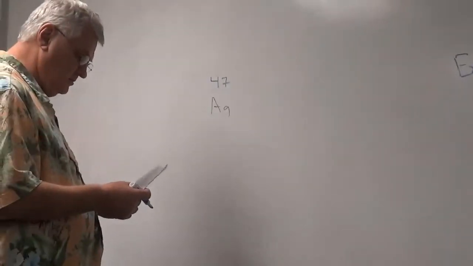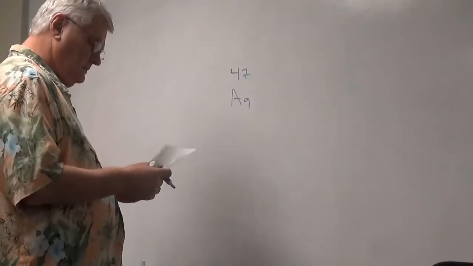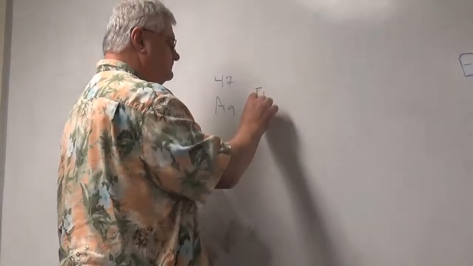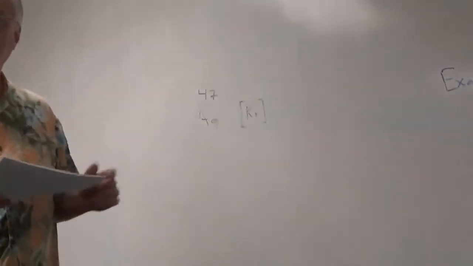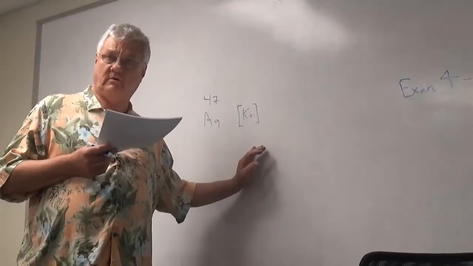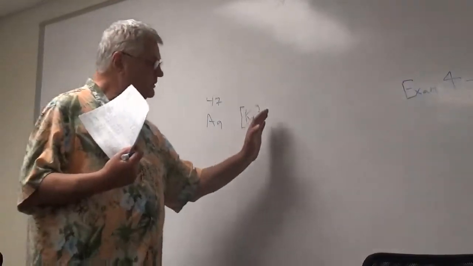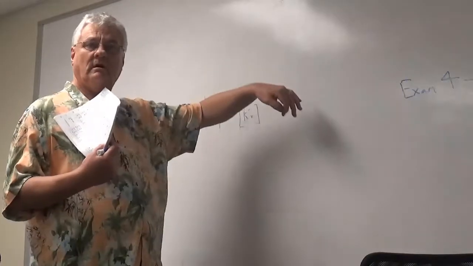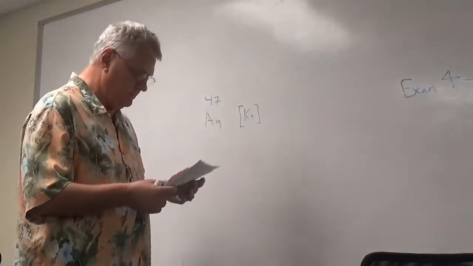And the nearest noble gas, you go up one period and to the right, is krypton. So you write the noble gas krypton in brackets. The electron configuration is filled all the way up to krypton. And then the periodic table shows you the additional electrons above and beyond the filled shell for krypton.